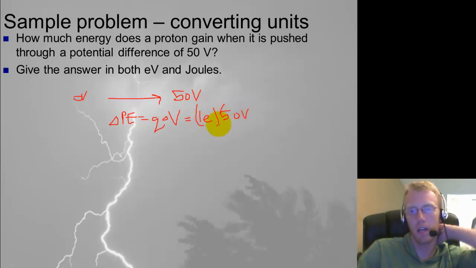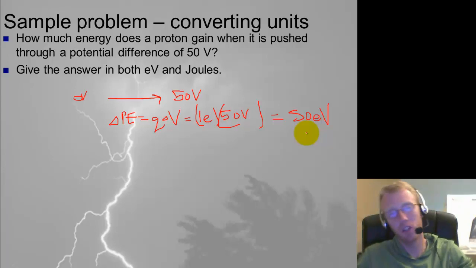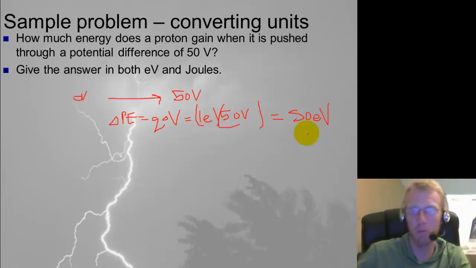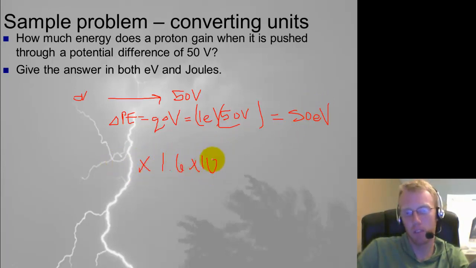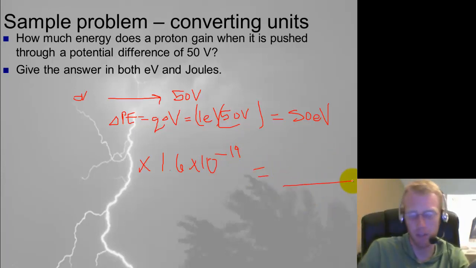So you can see that the energy that it gains is 50 EVs, or electron volts. So that's why electron volts are such a convenient unit, and that's why people use them, because it saves you from having to do calculations. If you want to then convert that, you have to multiply it by 1.6 times 10 to the negative 19th. And then that will actually give you the amount of joules.